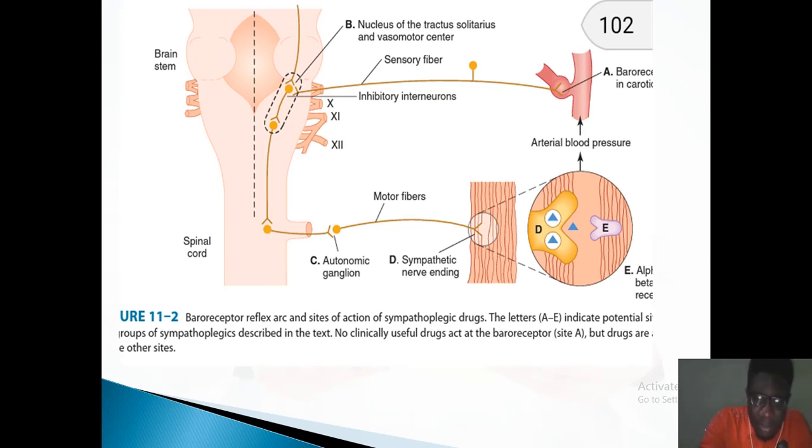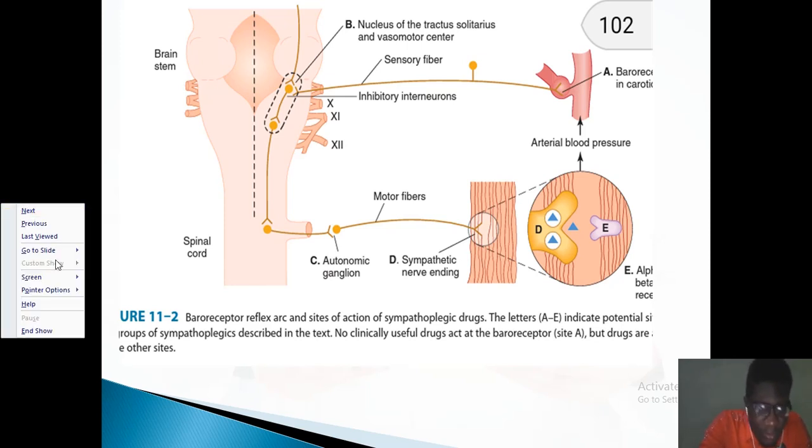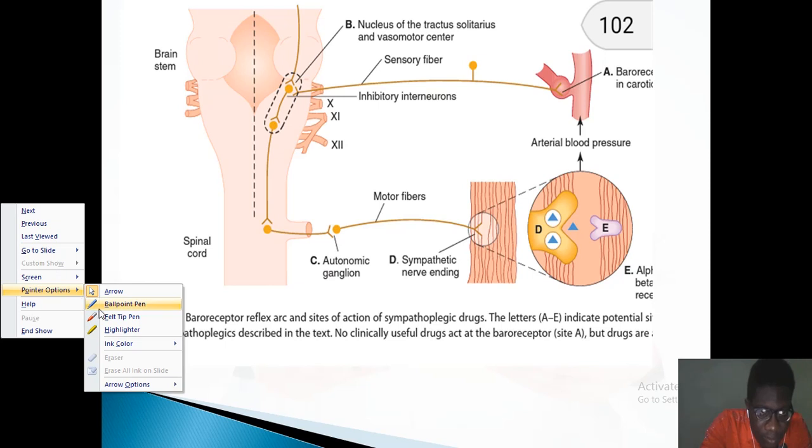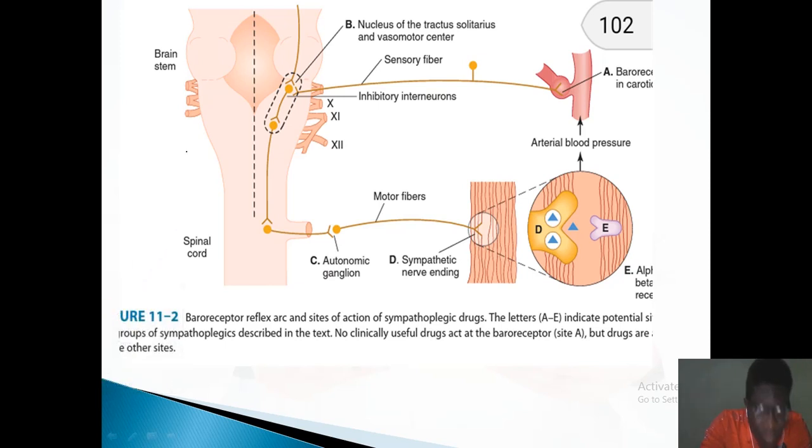So we have centrally acting sympathoplegics, we have ganglion blockers, we have the post-sympathetic nerve ending blockers, and then we have the adrenergic blockers, CGPA.